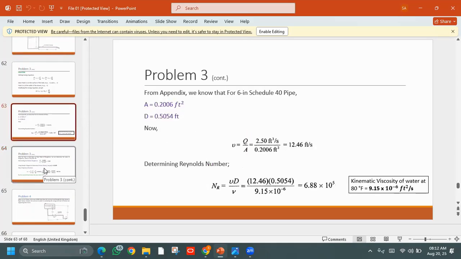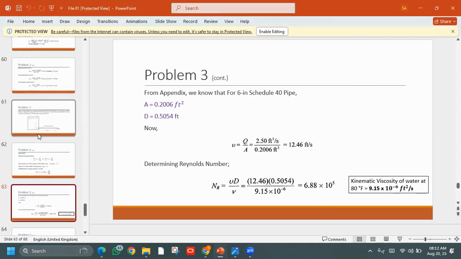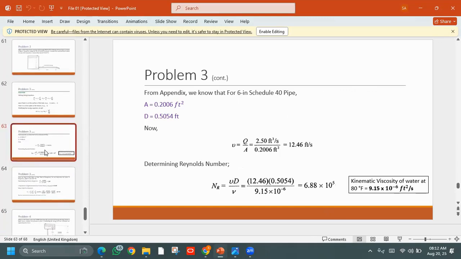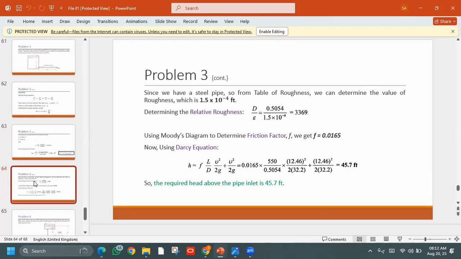What we need to do is to mark both values on the Moody diagram and calculate the value of friction factor F. So let's move towards the friction factor and Reynolds number value on the Moody diagram. 6.88 into 10 raised to the power 5 is the Reynolds number value, and the value of D over E is 3369.